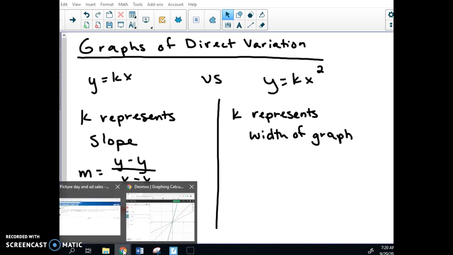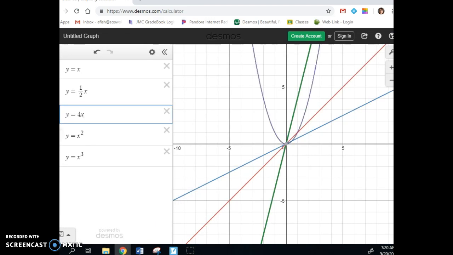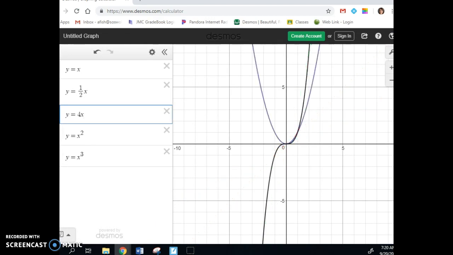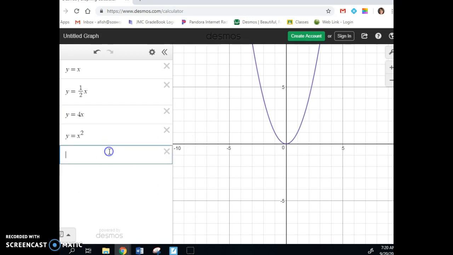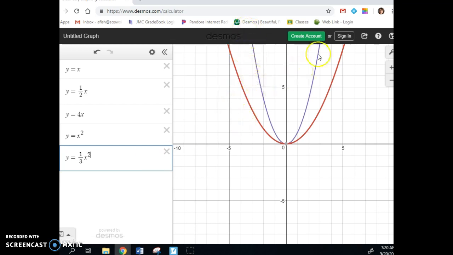If we look at the y equals x squared graph here, this is a normal y equals x squared. If I pull up a second one here, let's change the k value. So there I have y equals a third x squared.